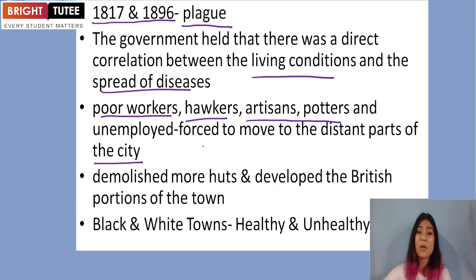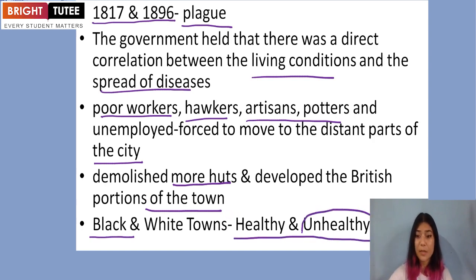Okay, they demolished more huts and developed the portions of the British town, and they cleaned and developed the White Town area. Okay, so what came to be identified in the development of the city of Calcutta was that Black Town was considered unhealthy and White Town was considered healthy.